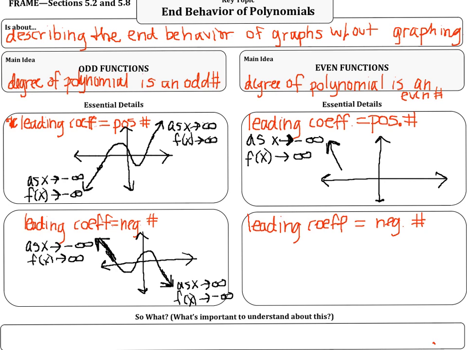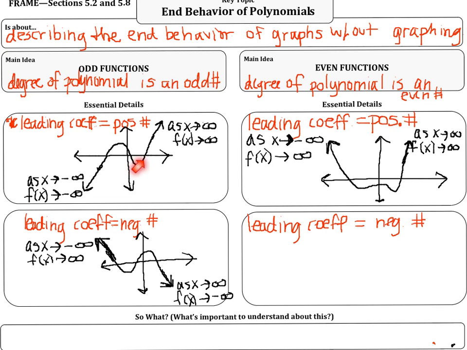So we have an even function with a leading coefficient that's positive. On the other end of this graph, as x goes to infinity, f of x goes to infinity as well. So if we have an even function, both ends of it go to positive infinity. And then the middle of it looks something like this. But both ends go to positive infinity.